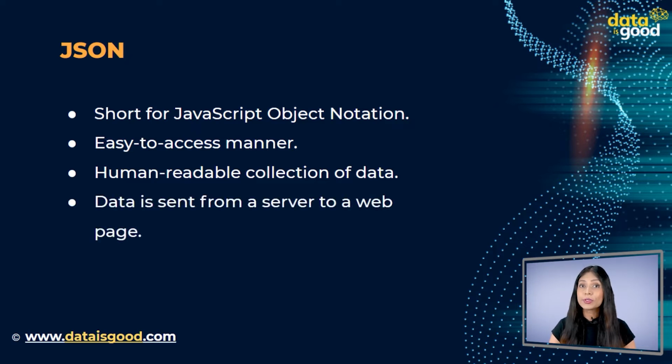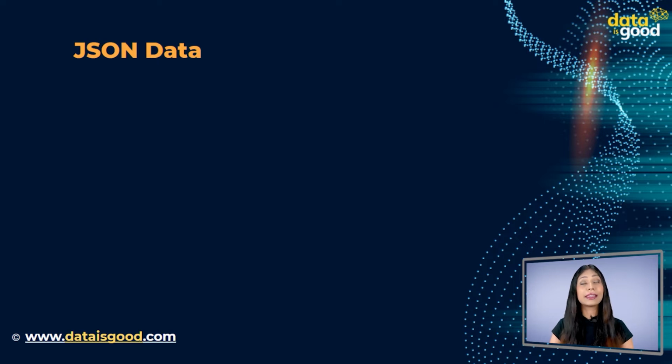JSON is often used when data is sent from a server to a web page. But guys, please remember, the JSON syntax is derived from JavaScript Object Notation syntax, but the JSON format is text only. Code for reading and generating JSON data can be written in any programming language.